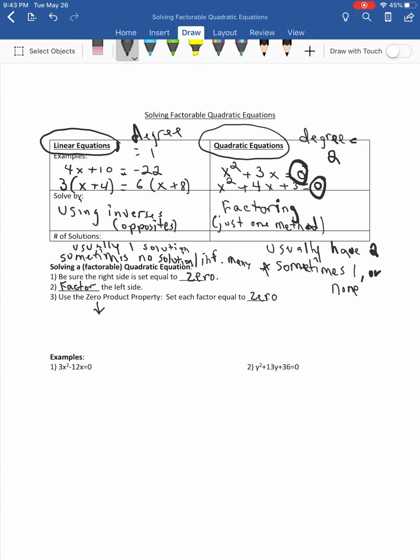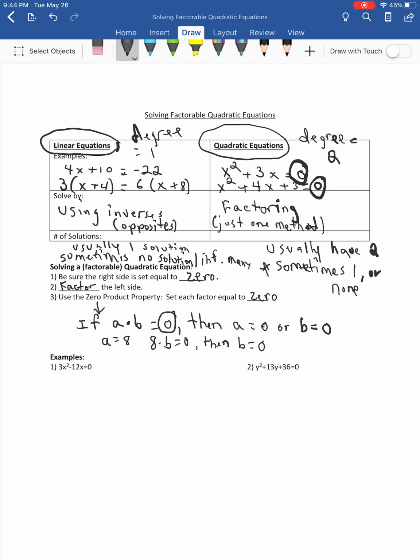Okay, zero product property means if A times B equals 0, then A equals 0 or B equals 0. All right. So for example, let's say A equals 8, so 8 times B equals 0, then B must be equal to 0.